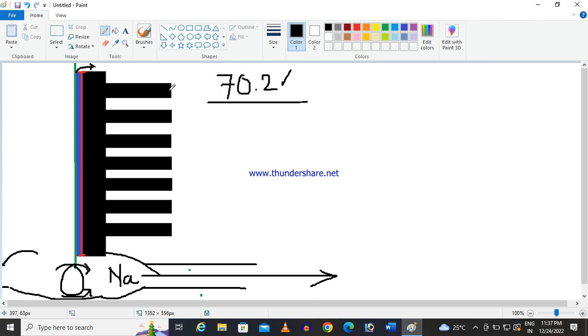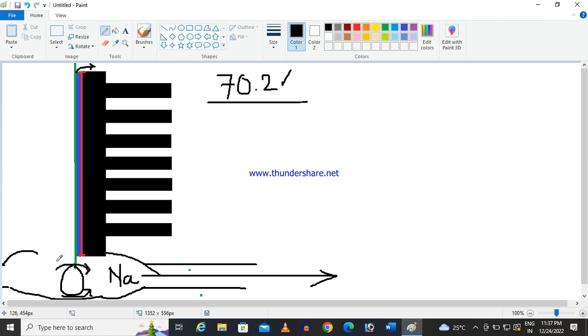For that, this fin tube is designed, and in the center of the fin tube assembly, the stem is inserted. This blue portion is the stem, and at this red line there is a very small annular gap. Deliberately, we are allowing the sodium to rise through the annular path. Why are we doing so?